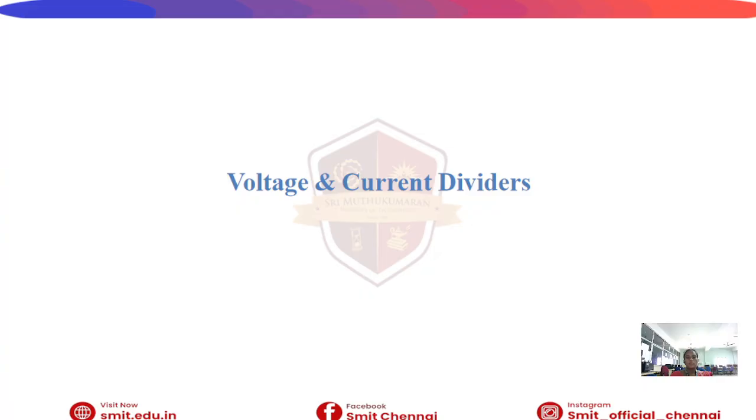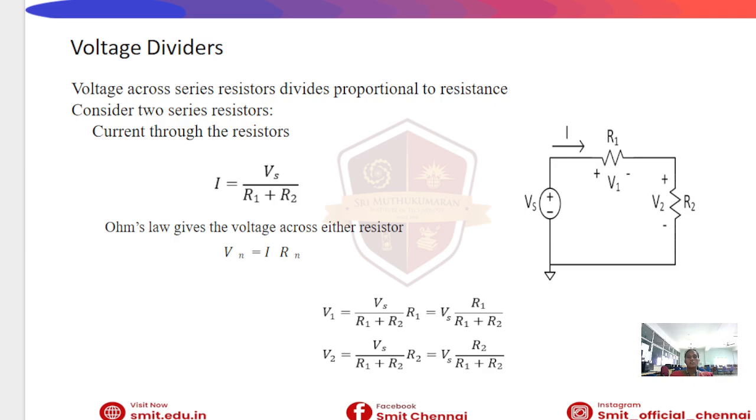Now I'm going to present about the voltage and current dividers. Voltage dividers. In a series circuit, the applied voltage is divided across the resistors, proportional to the resistance.